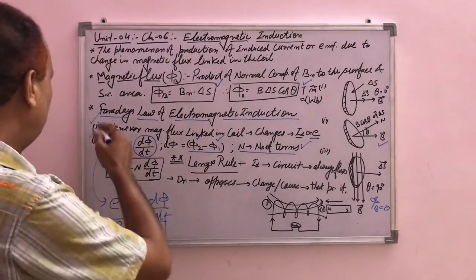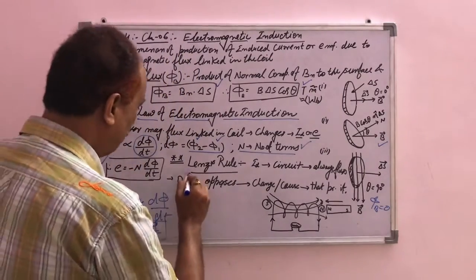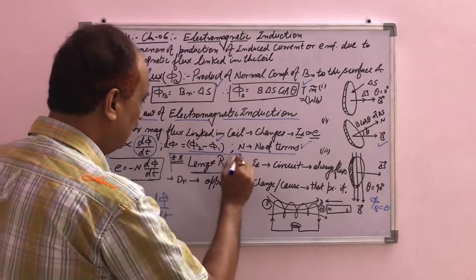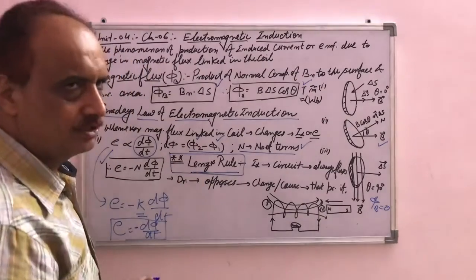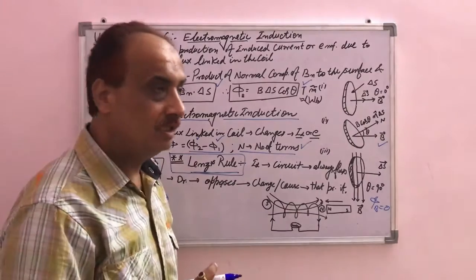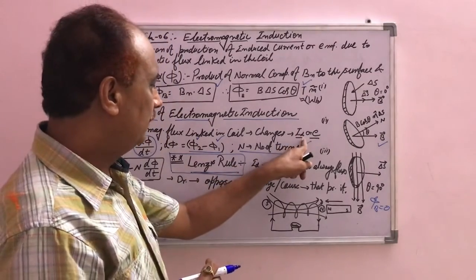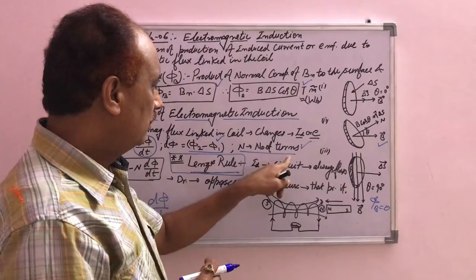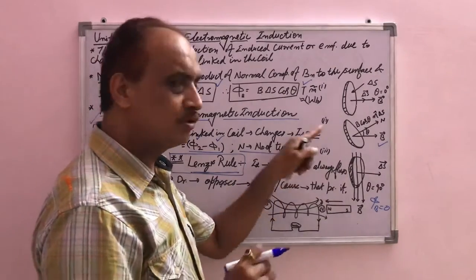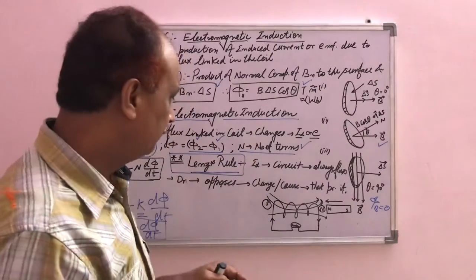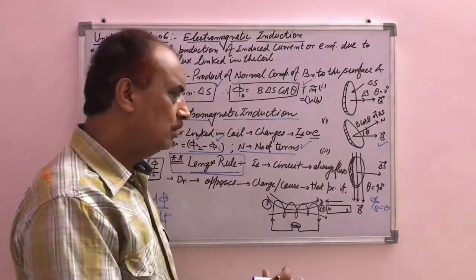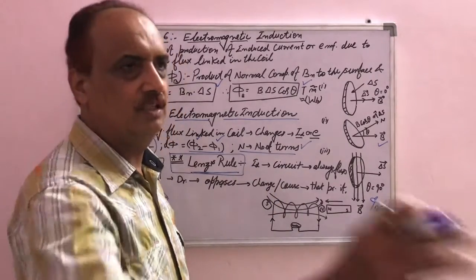Now these are Faraday's laws, and next is an important rule, that is Lenz rule or Lenz law. This is the Lenz law. It was stated by the scientist Lenz, and according to it, the induced current in the circuit or in the coil always flows in such a direction that it opposes the change or cause that produces it.